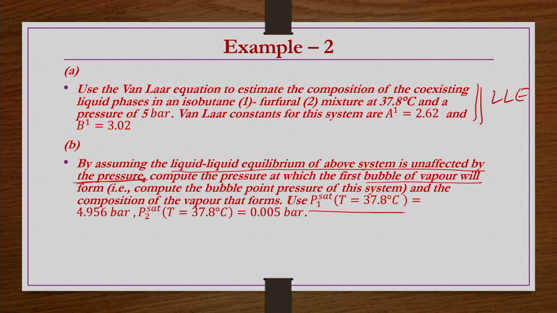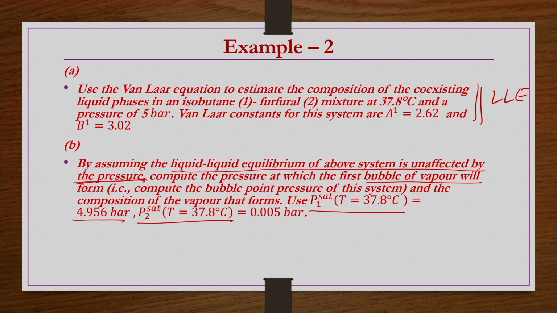P1 sat and P2 sat at the same 37.8 degrees centigrade are given. P1 sat is 4.956 bar and P2 sat is 0.005 bar. The saturation pressures are anyway very small, so obviously the activity coefficients of the liquid phases, or the LLE behavior, would be unaffected by the pressure.